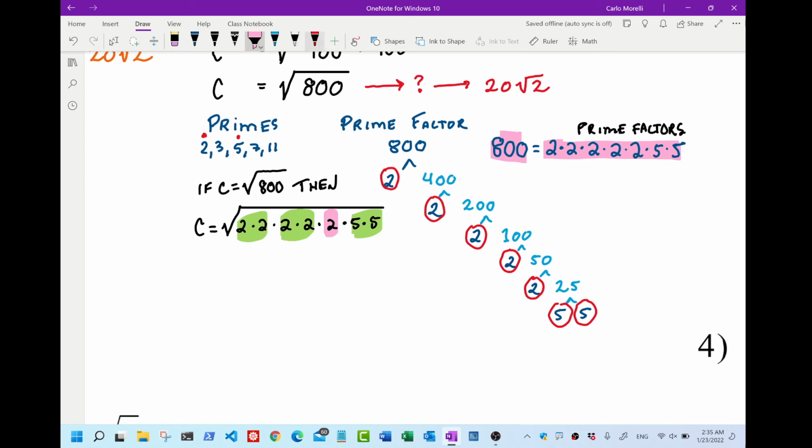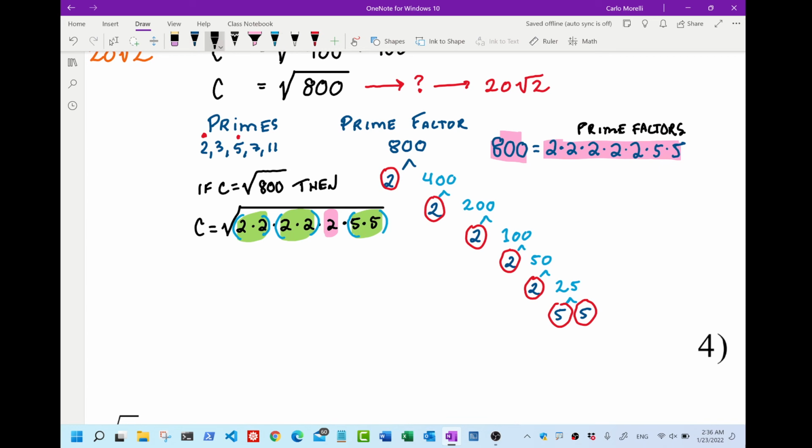Now here's the really cool thing. With pairs of numbers like this inside of the radical, you can group these pairs like this, and you can almost do like a reverse distribution property thing, which is a really terrible way of explaining it. But basically, I should probably just show this step here.